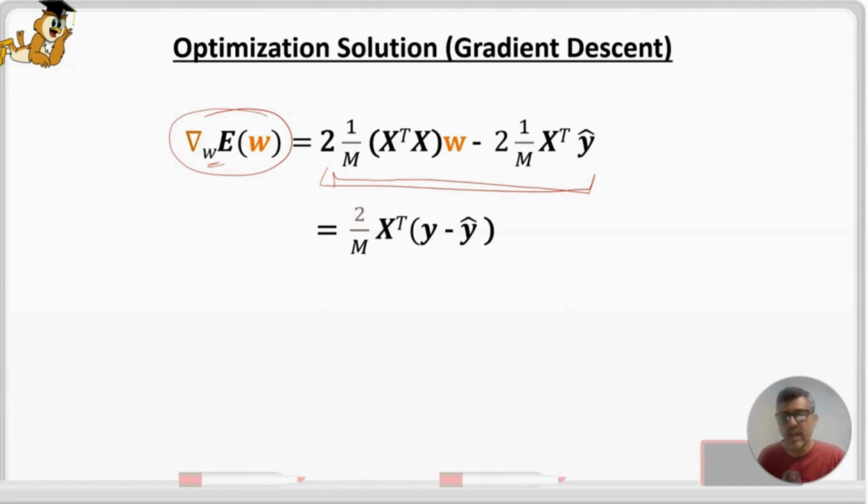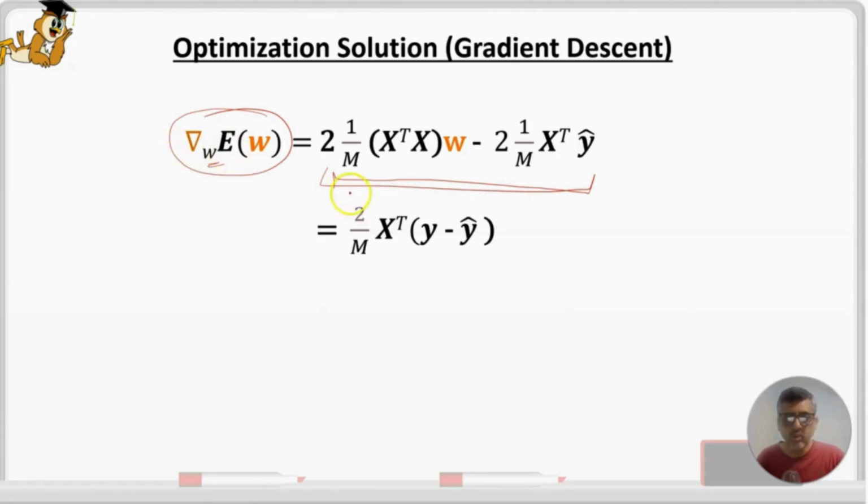In the case of the ideal solution, we simply equated this to 0. Here we are going to be using this gradient to take small steps to iteratively move towards our best solution.